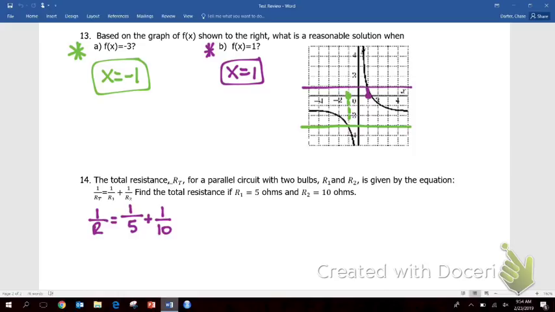So I need to multiply by my LCD. This looks like something we solved right above it. So my LCD here, I need an R to get rid of the R in the first fraction, sorry.